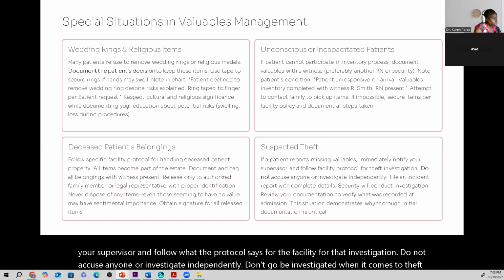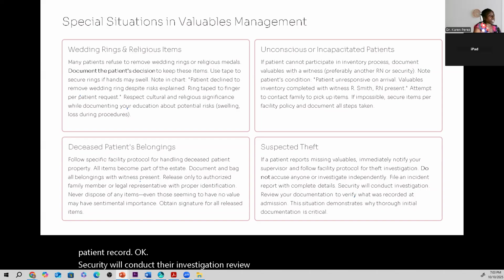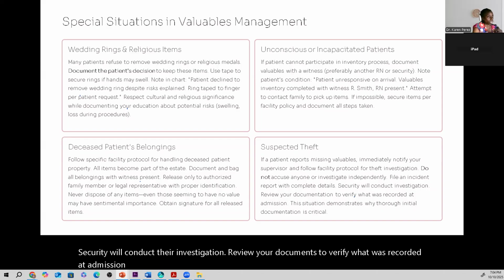File an incident report with complete details. And remember, incident reports do not go into the patient record, okay? Security will conduct their investigation and review your documents to verify what was recorded at admission. This situation demonstrates why thorough initial documentation is needed.